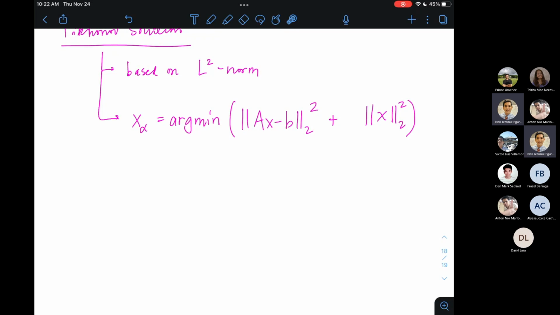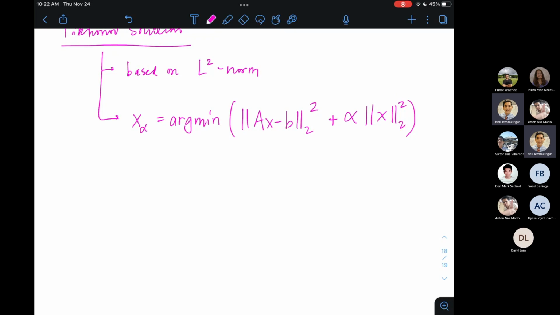So parang yun yung naging idea rito sa Tikhonov solution. Pero again, you need to strike the balance between the two. You don't want to give up much of the residual error, okay, or the residual norm. Gusto mo pa rin, up to some level, accurate pa rin yung solution mo, pero kailangan mo mag-sacrifice ng kaunti or an acceptable value of that accuracy to minimize the norm of the solution.